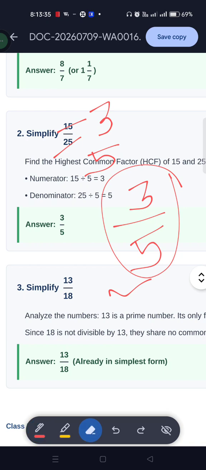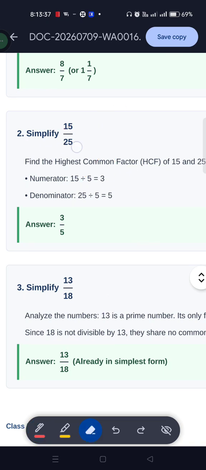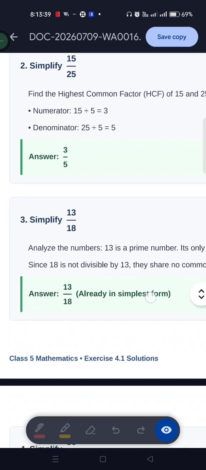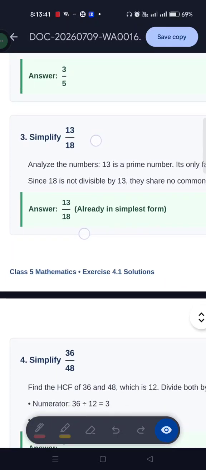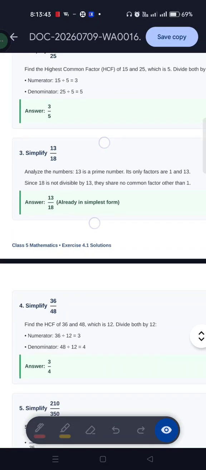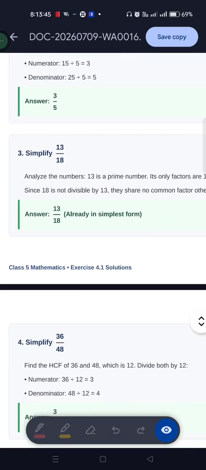Okay, now move on to the next question. 13 upon 18. So what will you think about 13 upon 18?